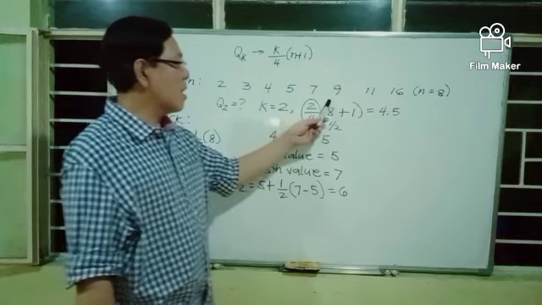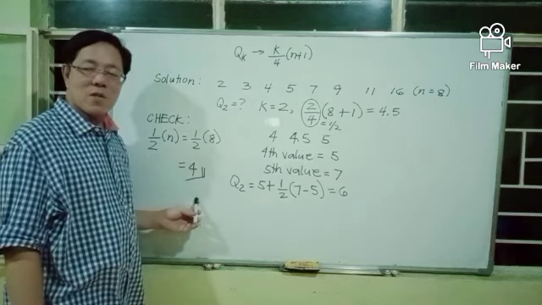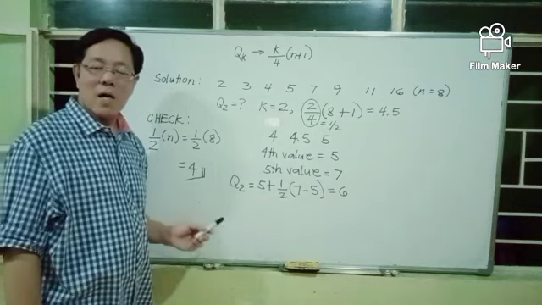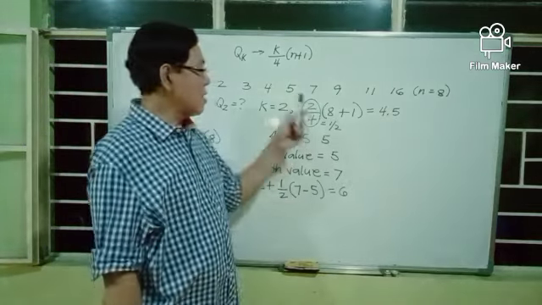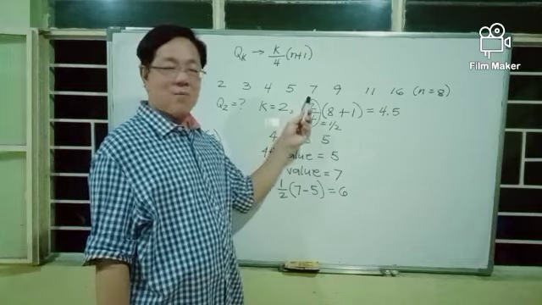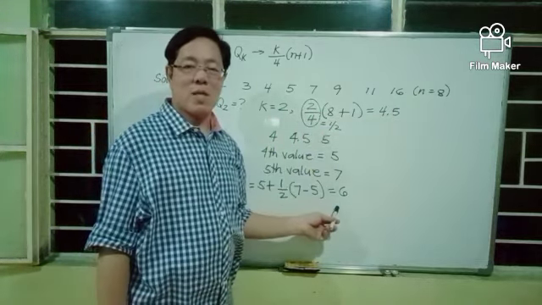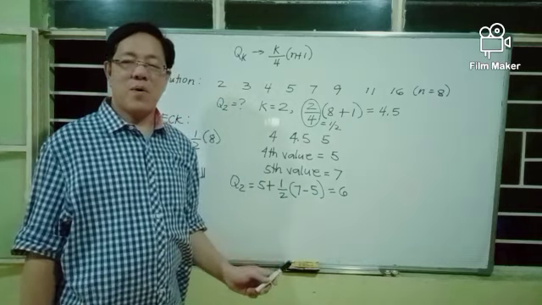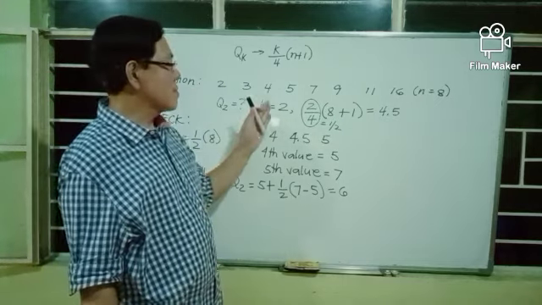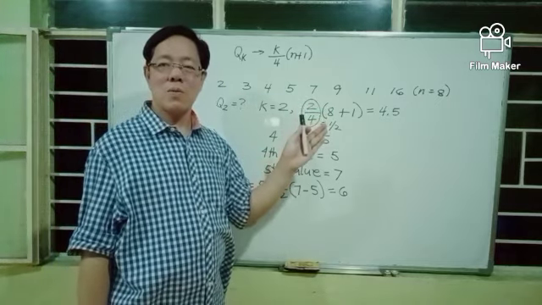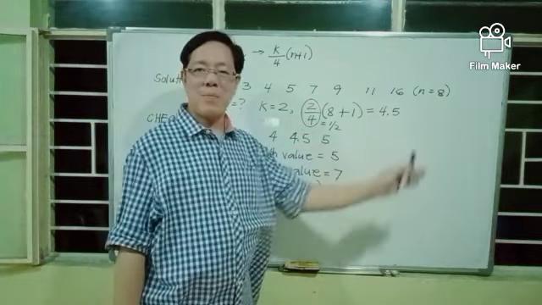Those are 7, 9, 11, 6. Hence, this is also true. There are at most 4 values greater than the second quartile 6, and in our data there are exactly 4 values greater than the second quartile. So this is an example of data where the second quartile divides the set of data exactly into 2 equal parts, the lower 50% and the upper 50%.